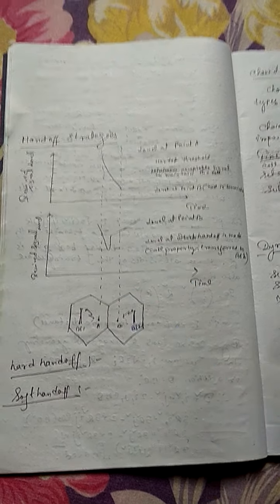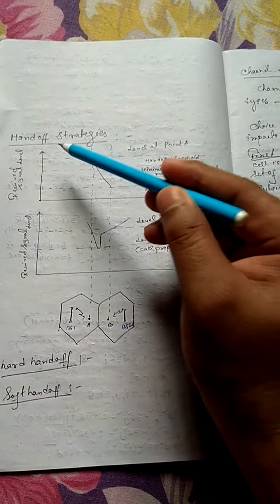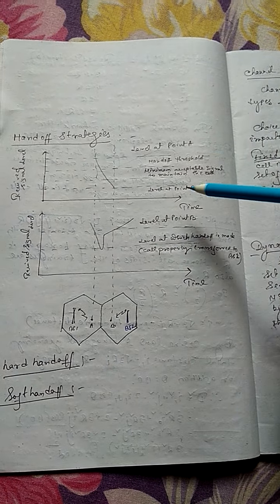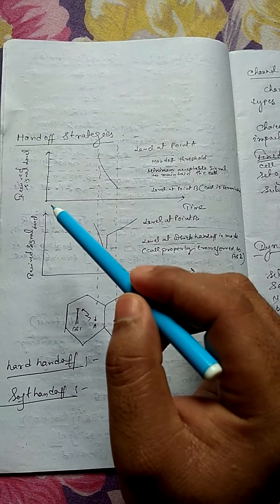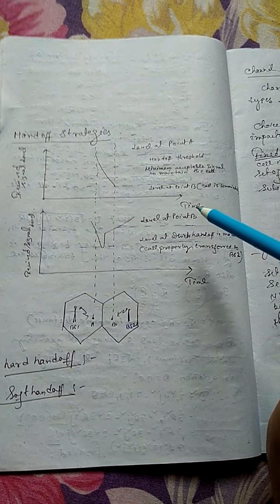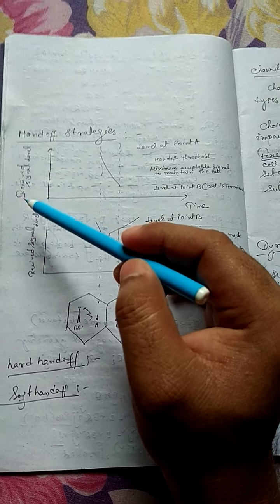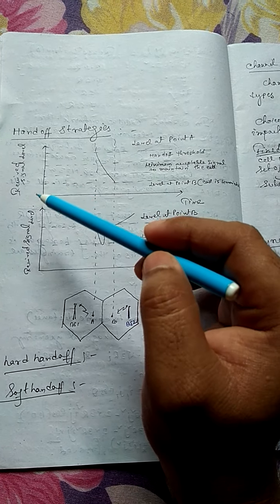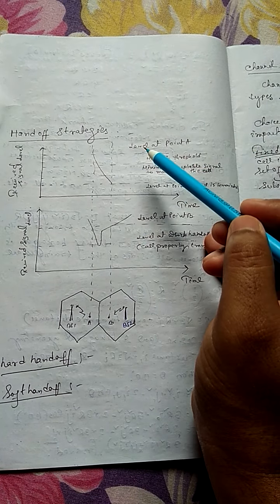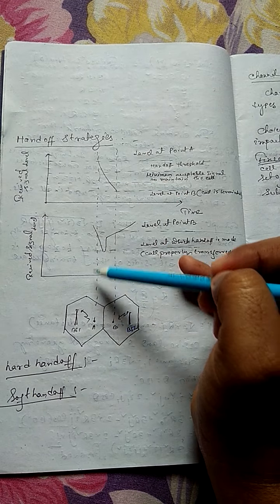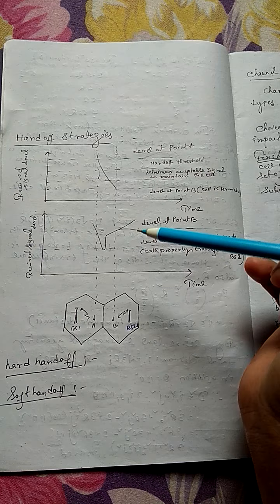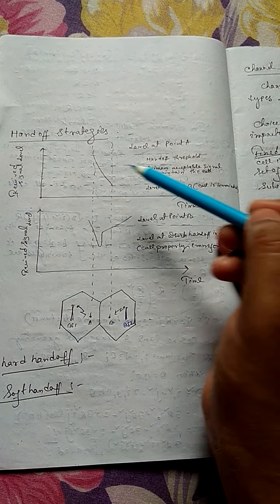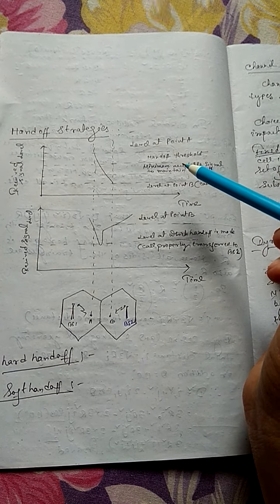Now for that, please concentrate on this particular figure or graph. This is called the handoff strategies graph. First, follow the x-axis, that is the time, and the y-axis, the received signal level or received signal strength. First of all, this is level 1, the point where my signal strength is very high, that is the optimum level. Next, this particular level is called the handoff threshold.